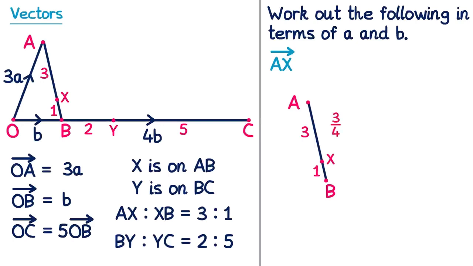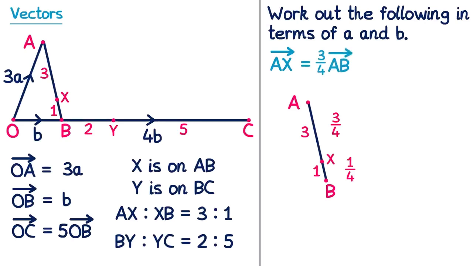Since from X to B is only 1 part of a total of 4 parts, from X to B is 1/4 of the line. This means we could write the vector going from A to X is 3/4 of the length of the whole line from A to B, which we would write as 3/4 of AB.